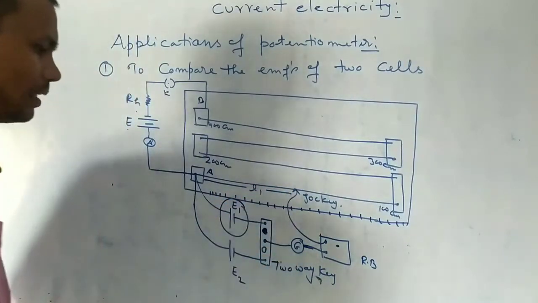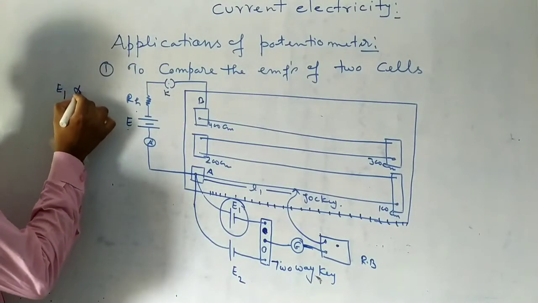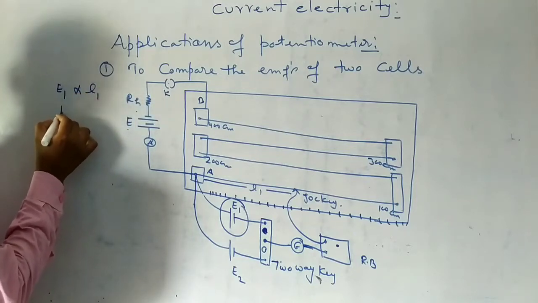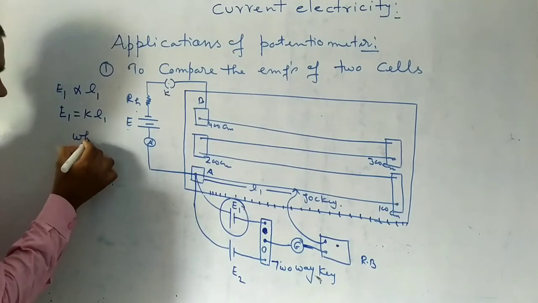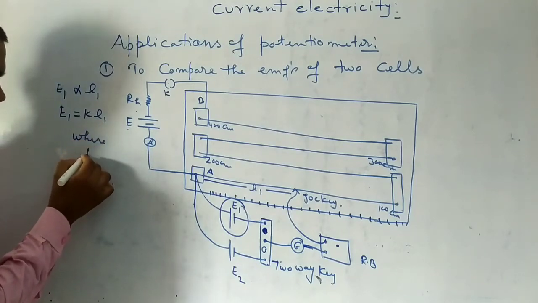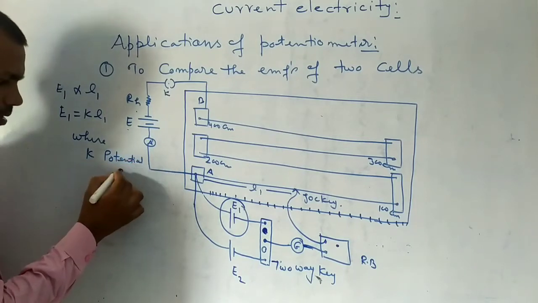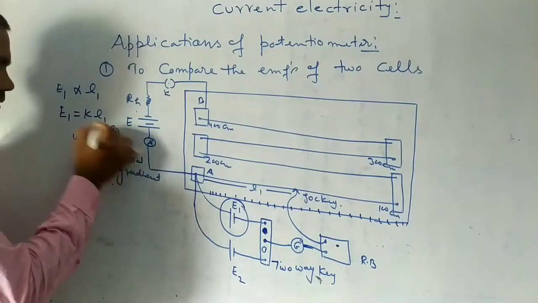In that case, E1 is directly proportional to the length L1, or E1 = K L1, where K is the potential gradient. This is equation 1.